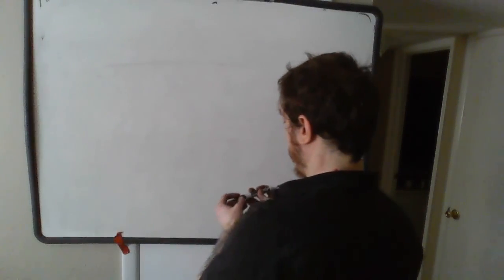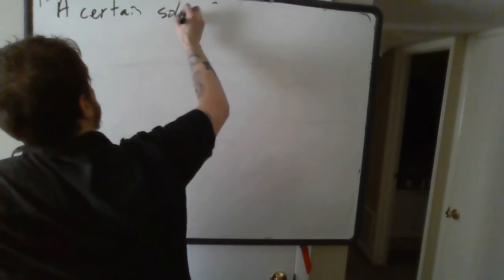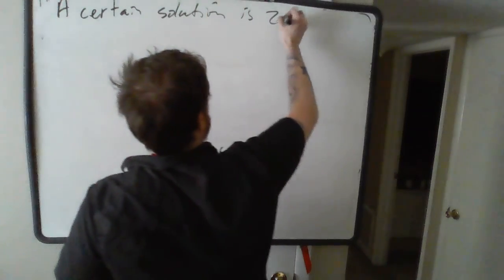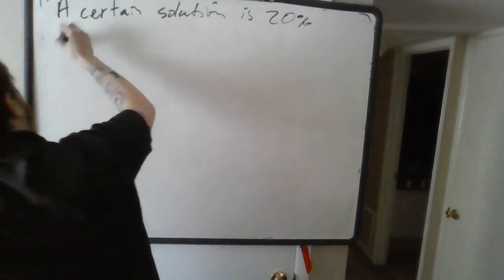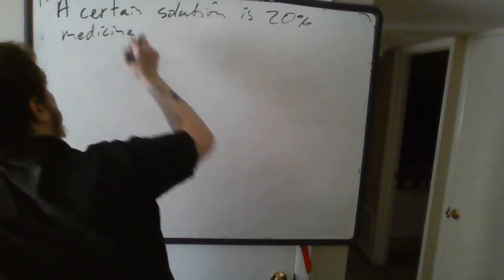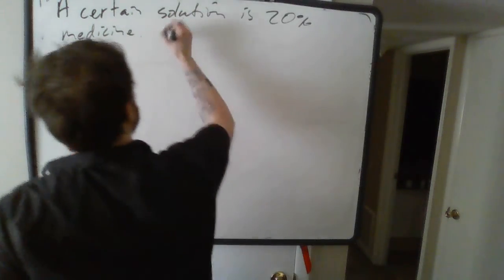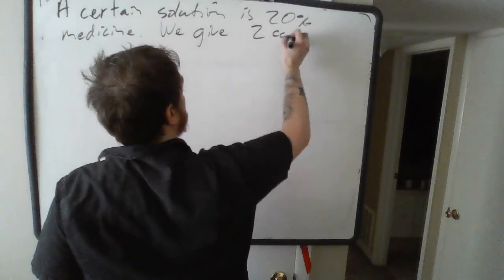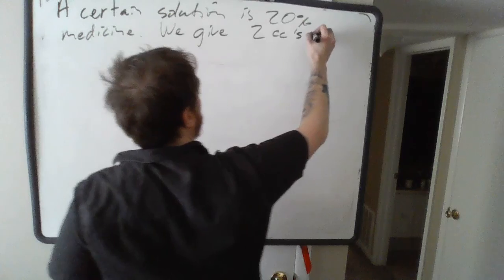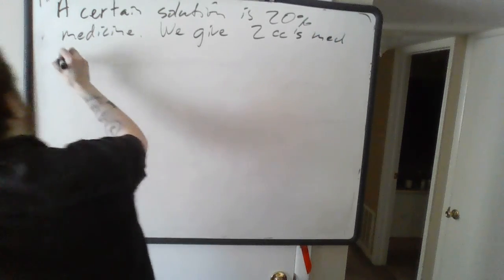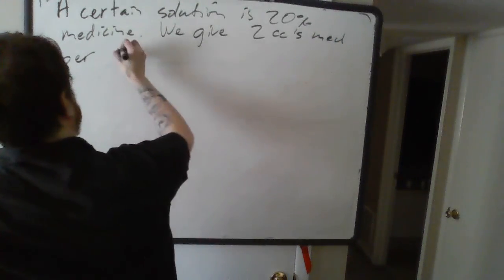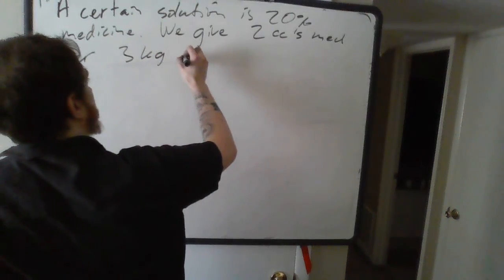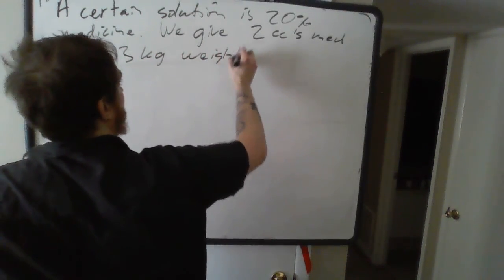So let's say a certain solution is 20% medicine, and we give 2 cc's of medicine per 3 kilograms of body weight.